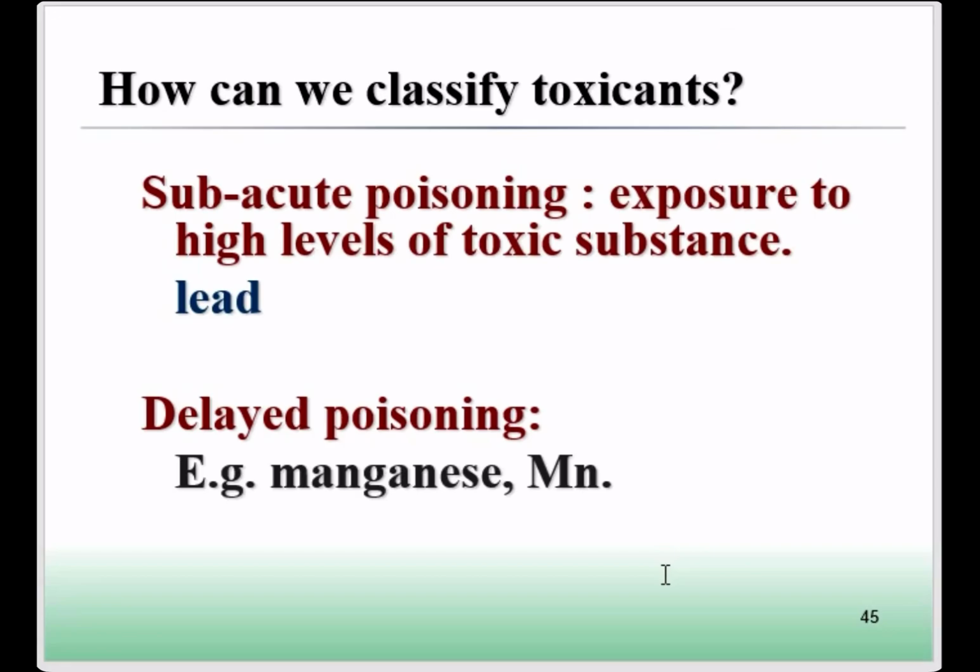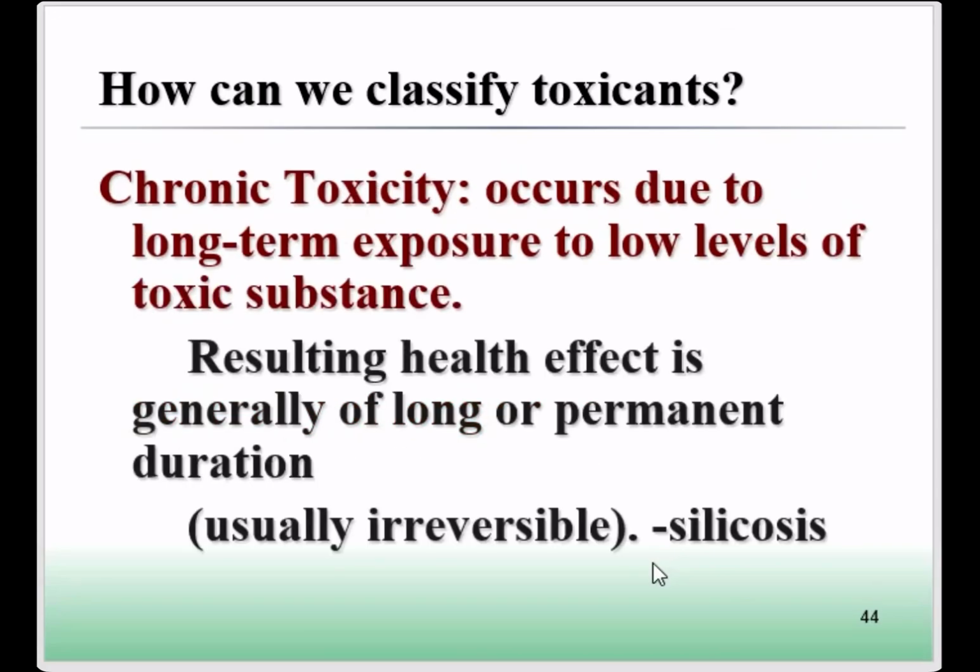For example, manganese can cause workers' injury, and at first you can't feel it after exposure. After you go back home and rest, or you still work for a long time, you feel nothing, but a few days or few months later, you may find your nervous system has a problem. That's called delayed poisoning.